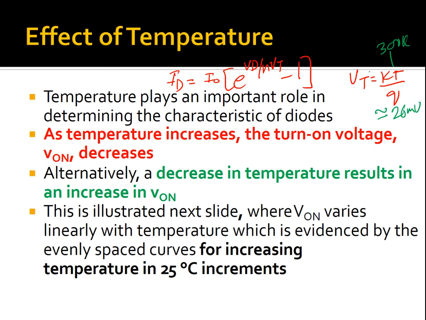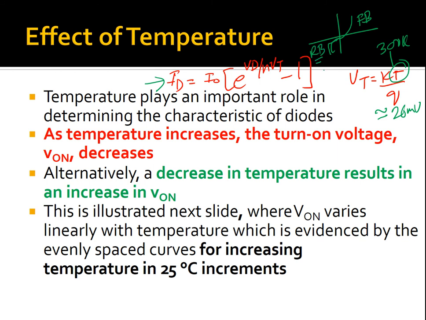From this equation we can see that the current will vary as the temperature varies. We have two kinds of currents in diodes: the forward biased current and the reverse biased current.